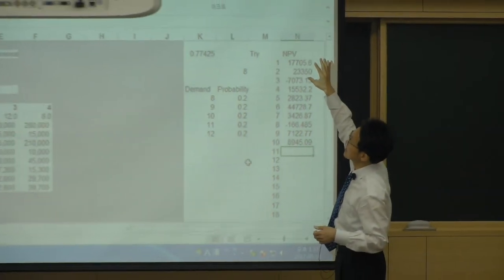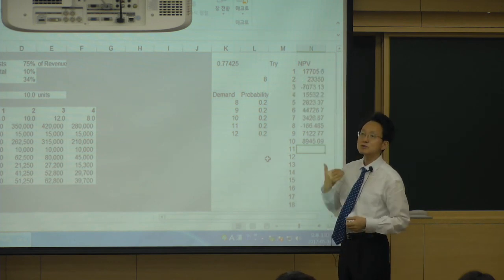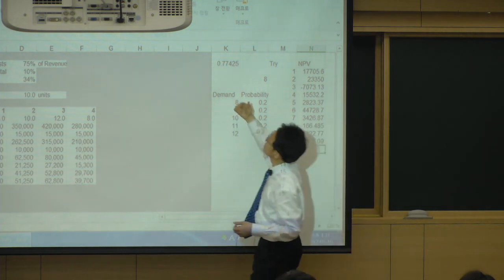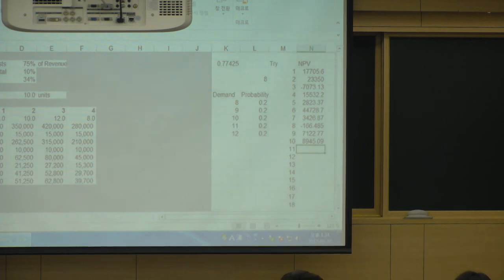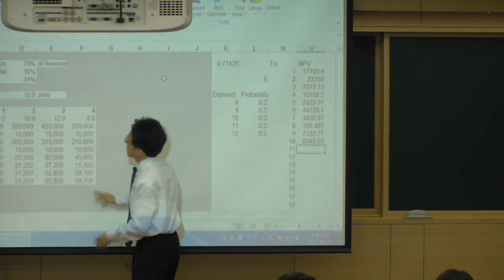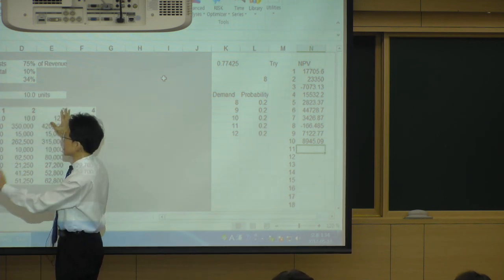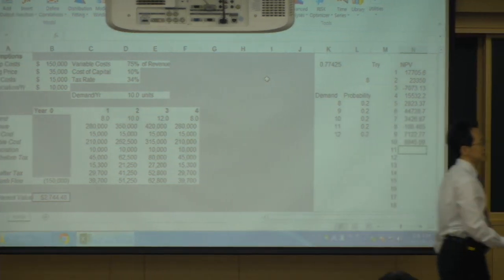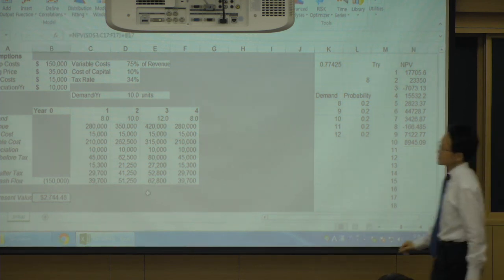So we have one of these StarTools software functions that helps us to do that, and that's called @RISK. So you go to @RISK. @RISK is the simulation software. For this one, everything is already set up, so this is very straightforward. What I needed to do is first define, for example, net present value as my criterion.